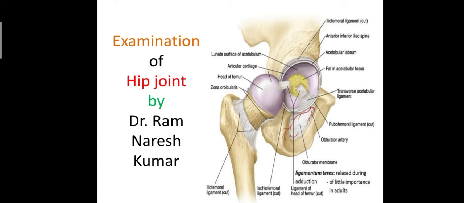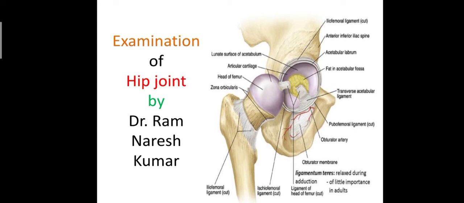The hip joint is a remarkable piece of God's creation which carries the weight of the body and at the same time helps in locomotion. It is extremely sturdy and stable, more than the shoulder joint, though less mobile.